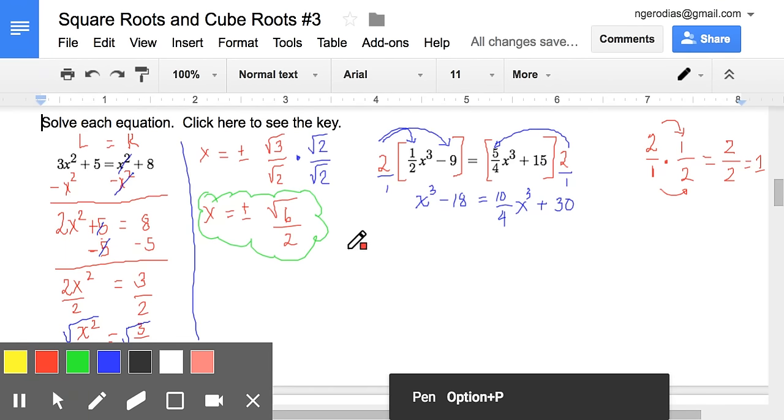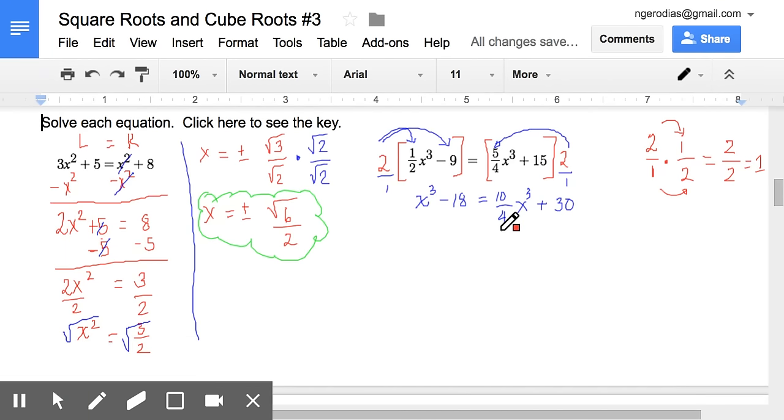So I just want to get rid of that fraction, and in order to do that, I'm going to multiply the left side by 4 and the right side by 4. Why are we multiplying by 4?